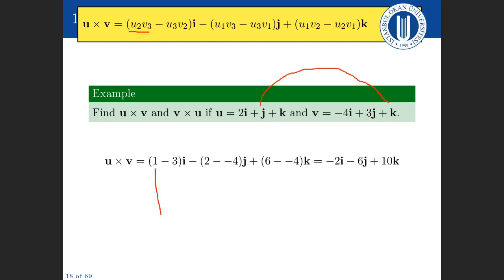So that's 1 multiplied by 1. And then we want u3 multiplied by v2. u3 is 1 and v2 is 3. So we have minus 3, multiplied by i.